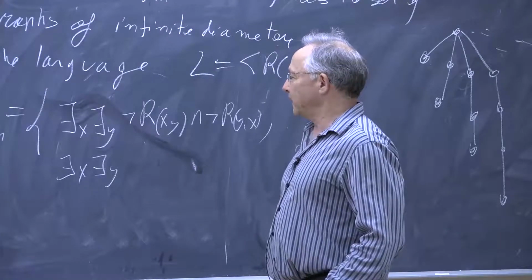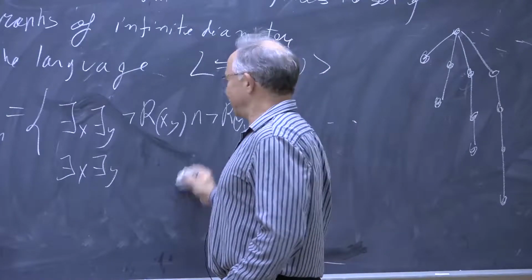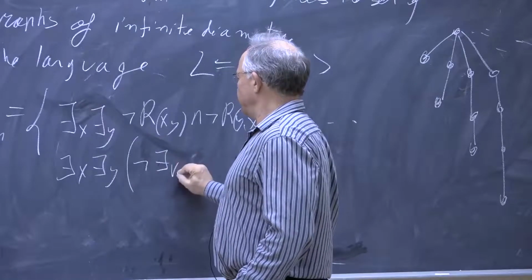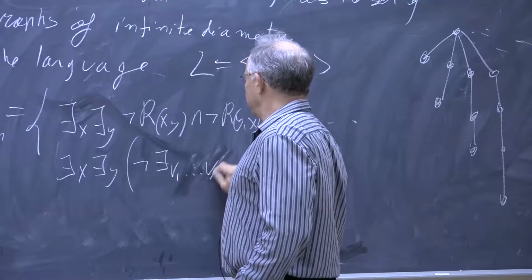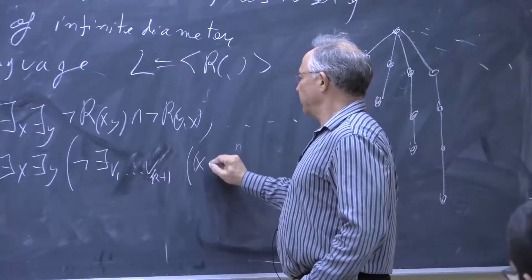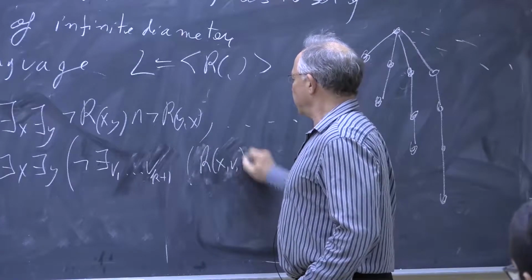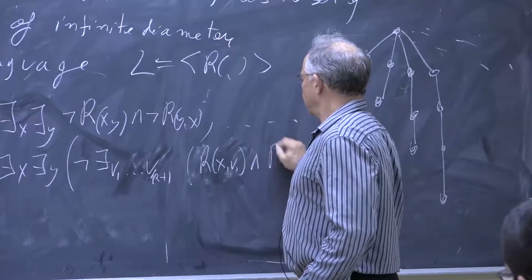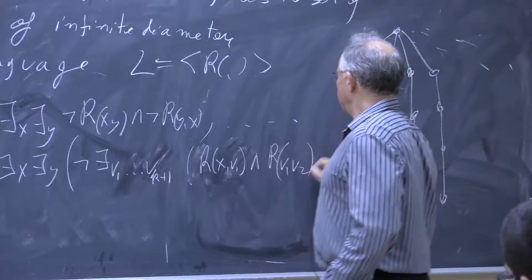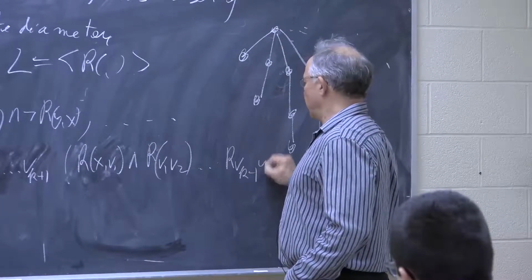So, such that I can use for all, I can say it does not exist, such that it's not the case that there exists v1 up to vk plus 1, such that r of x v1 and r of v1 v2 and r of vk minus 1 y.